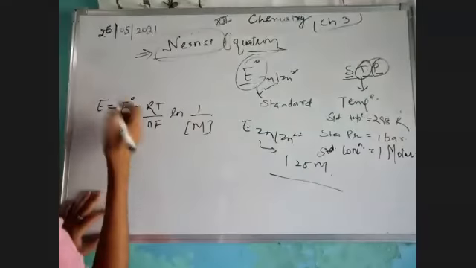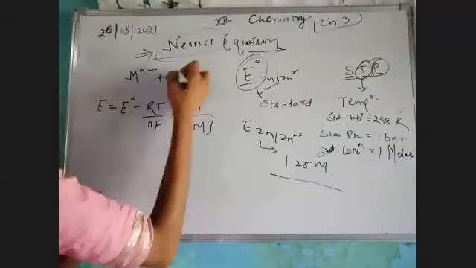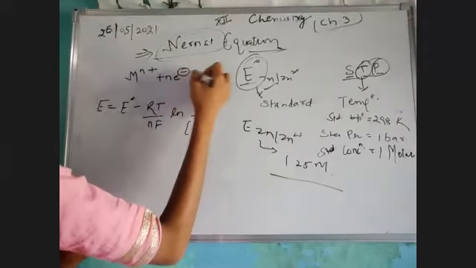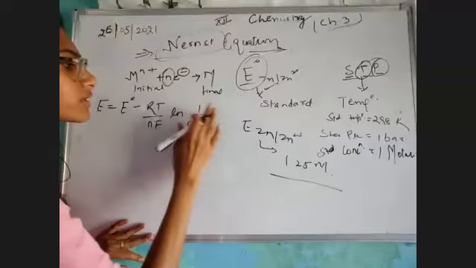Suppose my reaction is converting from M to Mn+, that means oxidation is taking place and it is taking n electrons. This is my final reaction. First let me write the Nernst equation: E equals E naught minus RT over nF, natural logarithm of the initial concentration.